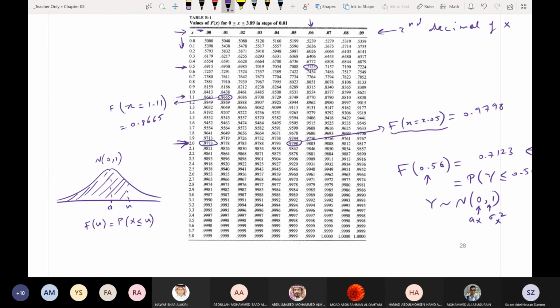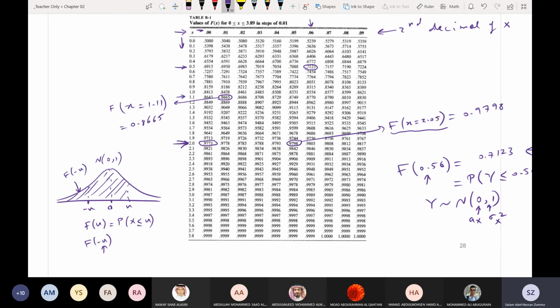Now if I want F of minus u, the problem is that I get a negative value, and I don't have a negative value here in the table. So what I'm interested in is minus u. I want F of minus u.